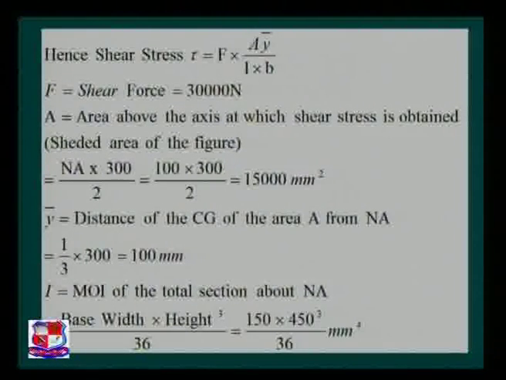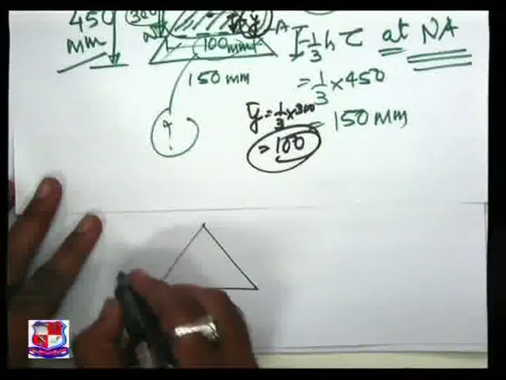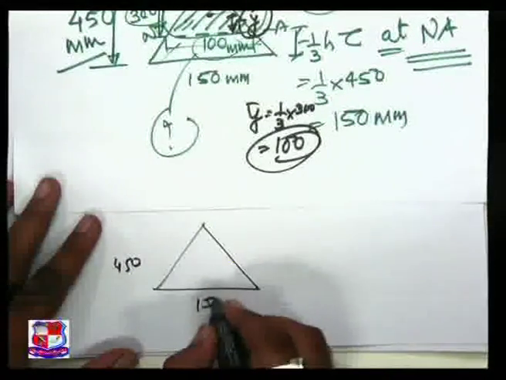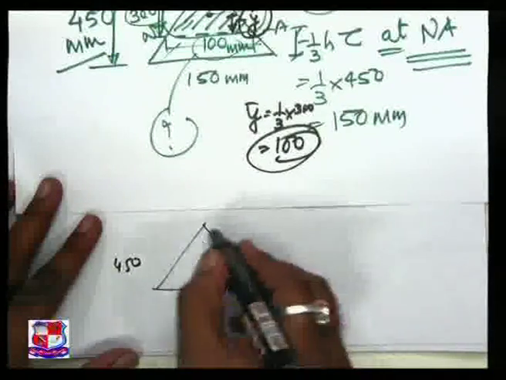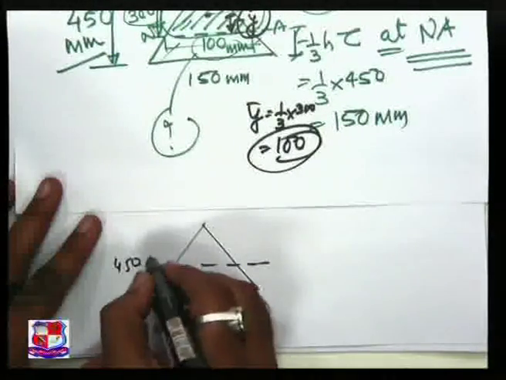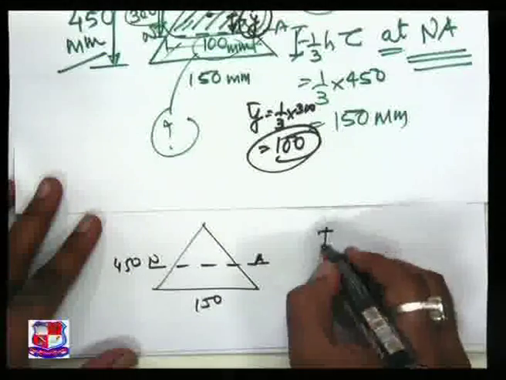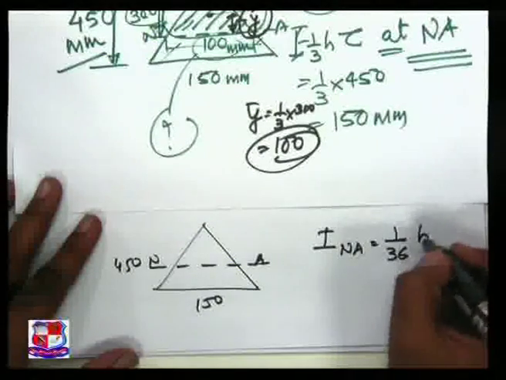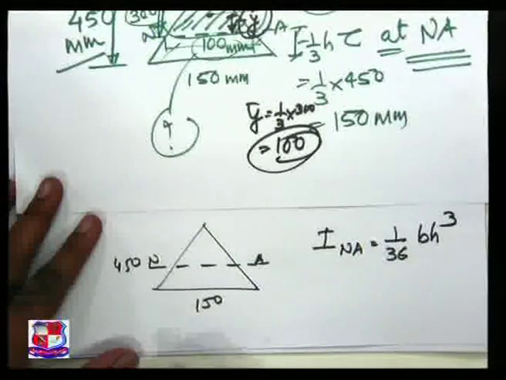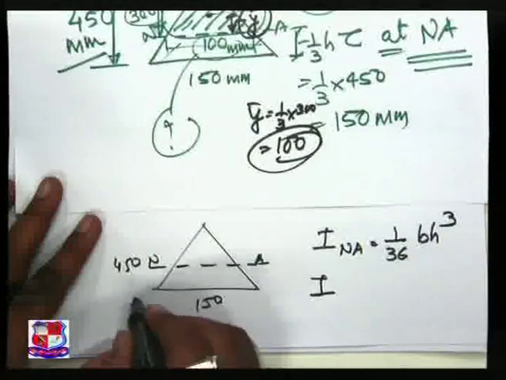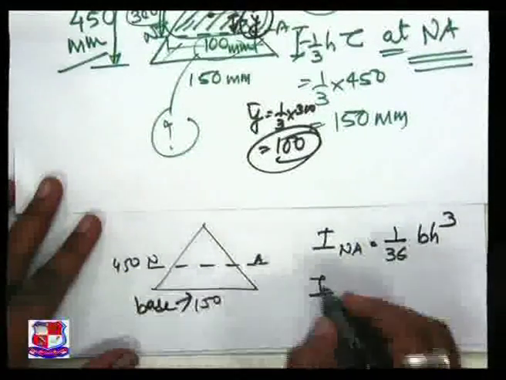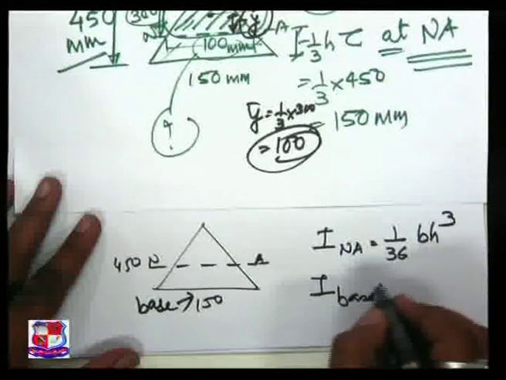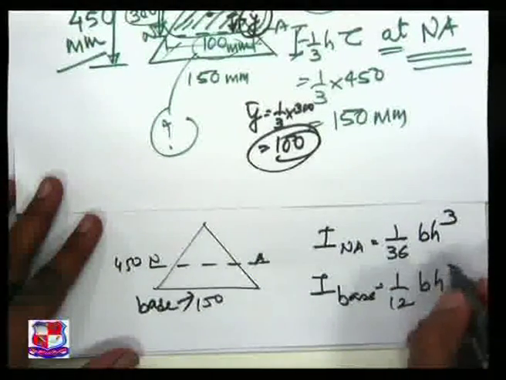Now if you want to refer a figure over here, the given section which is triangular, this is of 450, this is of 150. I want to find out this moment of inertia about neutral axis, and moment of inertia about neutral axis is 1/36 bh cube. About the base, it is 1/12 bh cube.